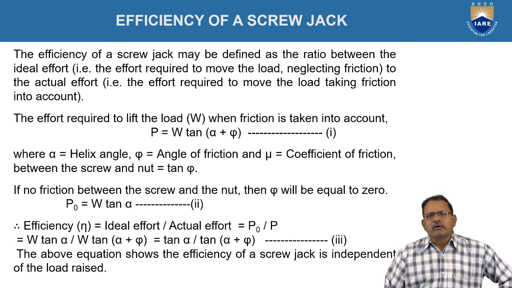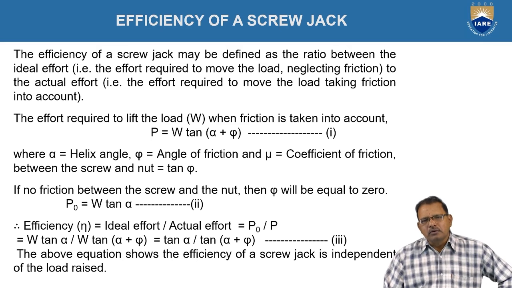Hence, the effort required to lift the body when friction is taken into account is given by P equal to W into tan of alpha plus phi. This is equation 1, where P is the effort applied at the circumference of the screw, W is the weight acting, alpha is the helix angle, and phi is the angle of friction.